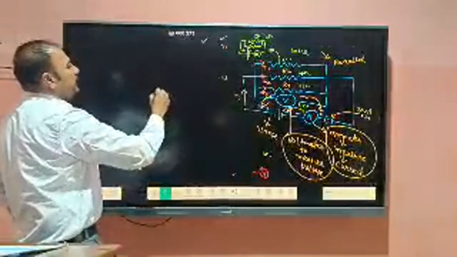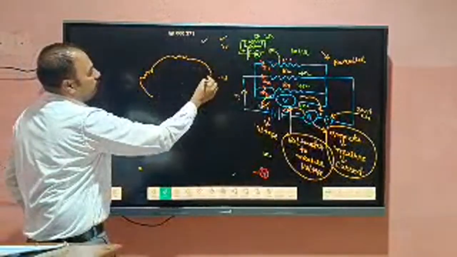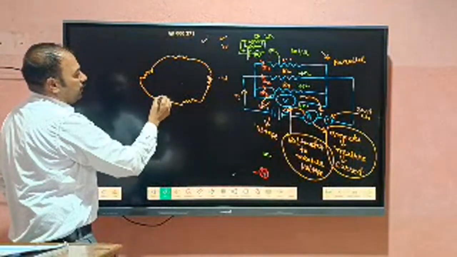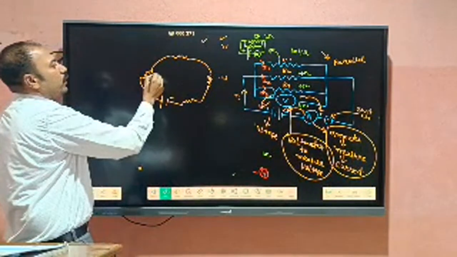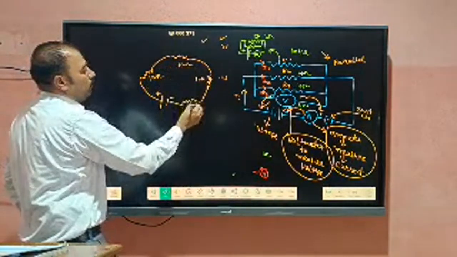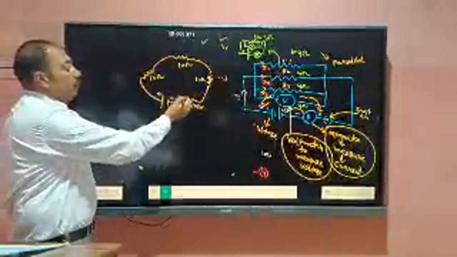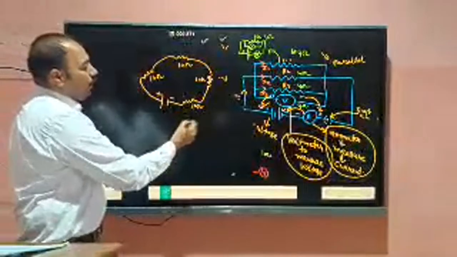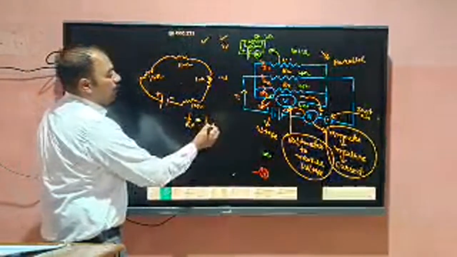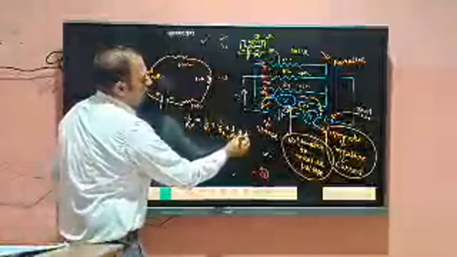Like this is another circuit, and here the voltage is connected. The resistors are 10 ohm, 10 ohm, 10 ohm and 10 ohm. Find the total resistance of this circuit. Use the formula: 1 by Rp is equal to 1 by R1 plus 1 by R2 plus 1 by R3 plus 1 by R4.